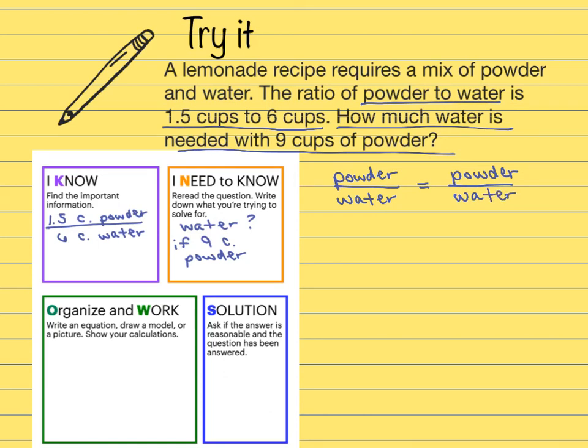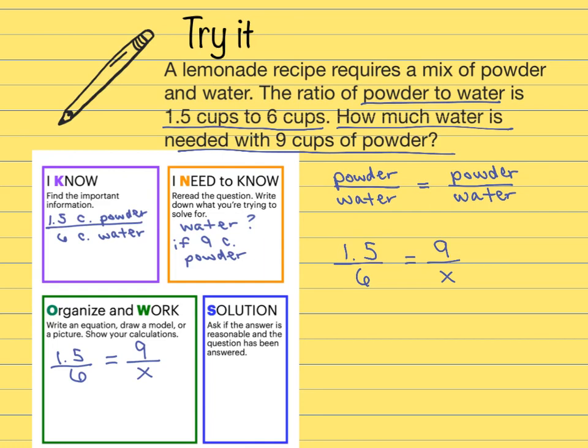Now that we know that, we can fill in with the numbers that we have. We know that there's 1.5 cups of powder to 6 cups of water. And that is equal to 9 cups of powder to, we don't know how much water, and we're solving for x. We have 1.5/6 is equivalent to 9/x.